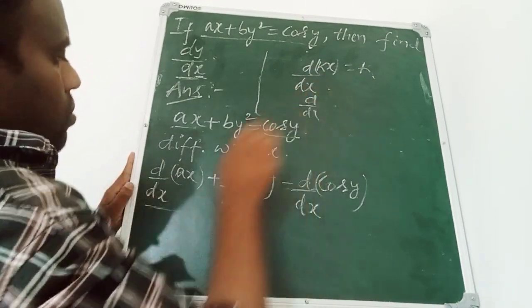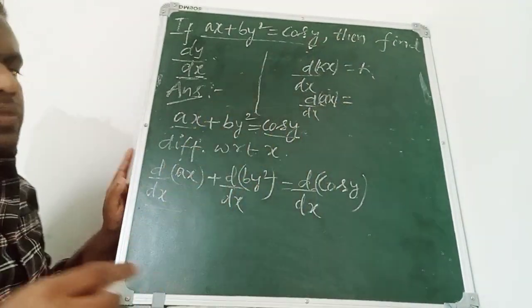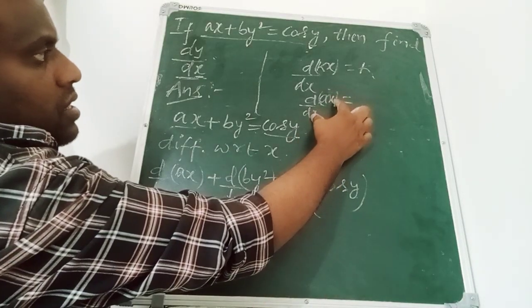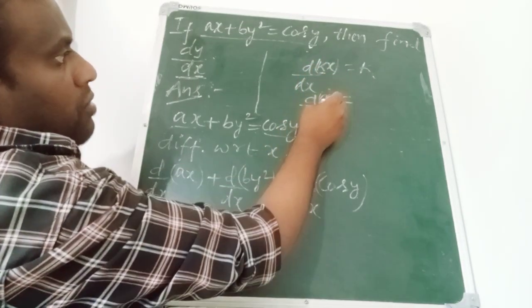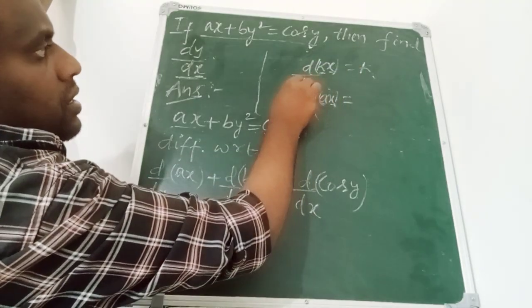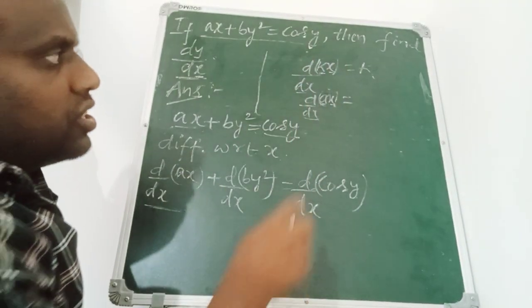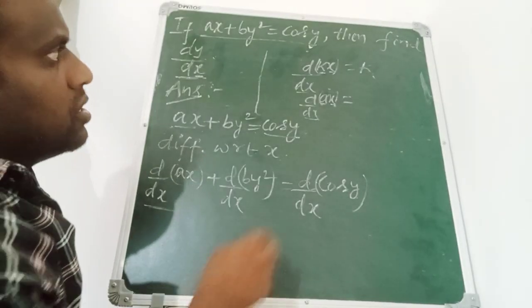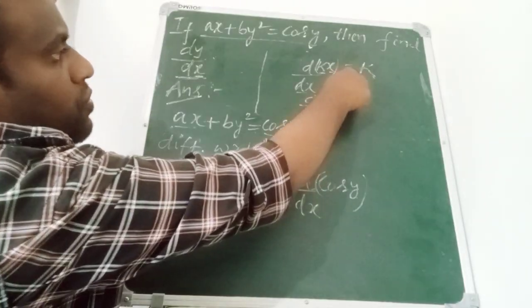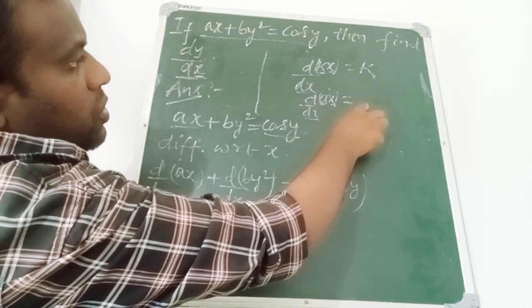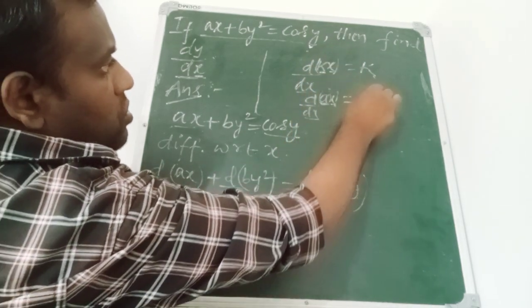So d by dx of ax is equal to what? This is in the form of this, correct? So in place of k we have a, x same, dx same. Here k is a constant, here a is also a constant. So differentiation of this is equal to k, that means the constant. So according to this formula, differentiation of this is equal to the constant a, because in place of k we have a.